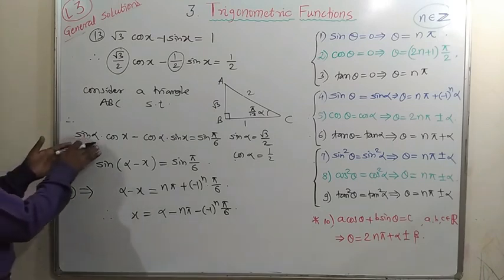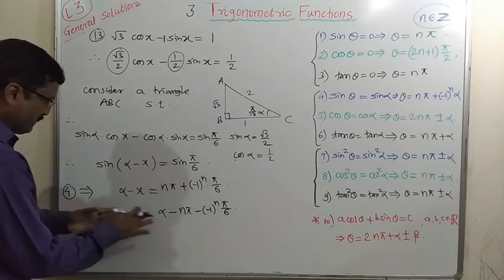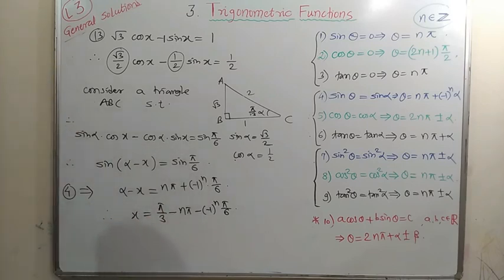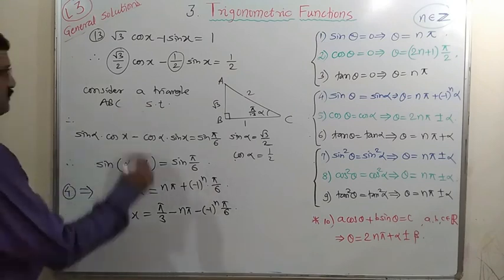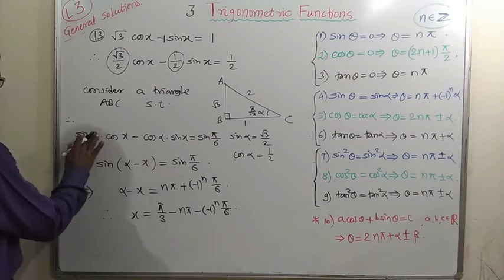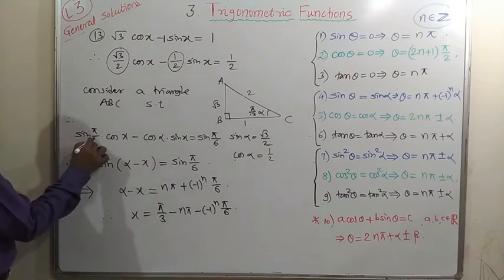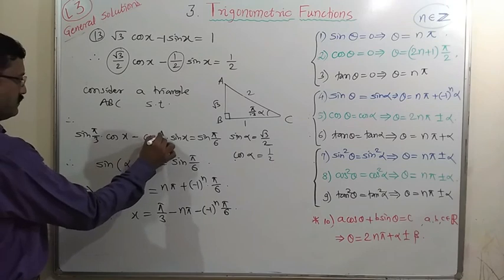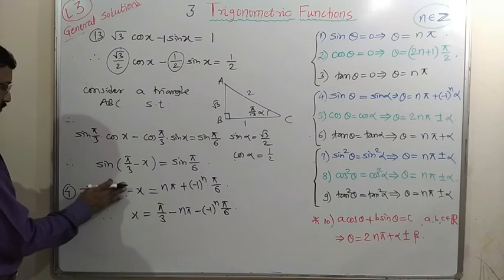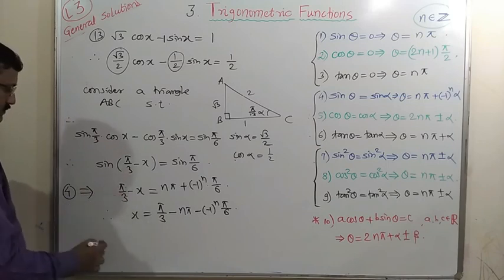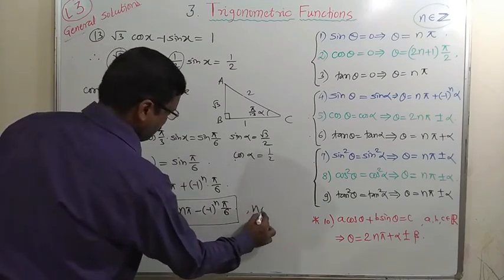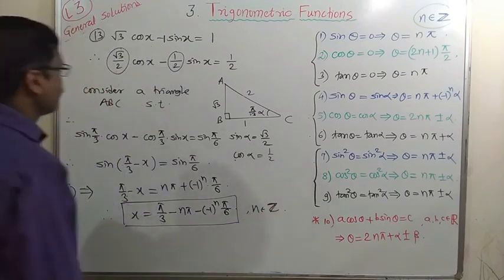Because sin alpha is equal to root 3 upon 2, alpha is equal to pi by 3. So this will be the general solution, where n belongs to the set of integers.